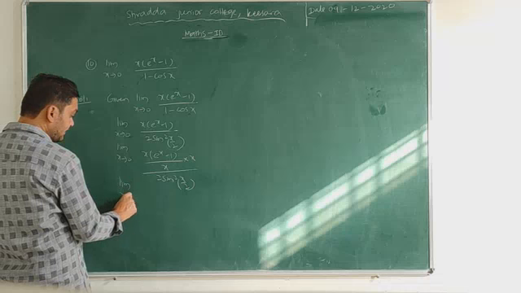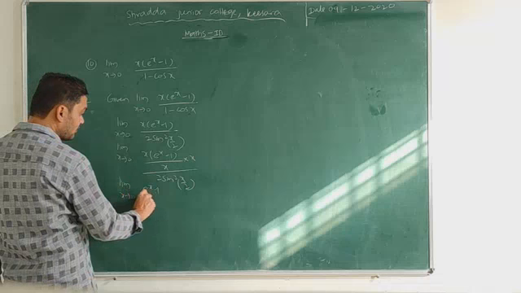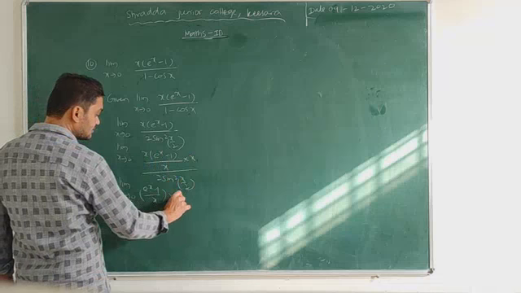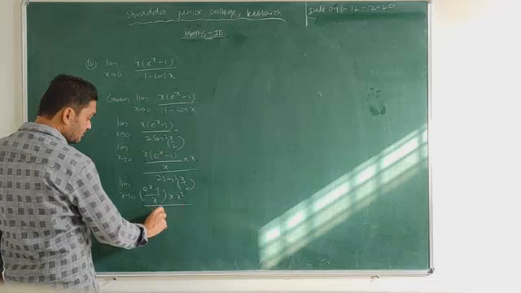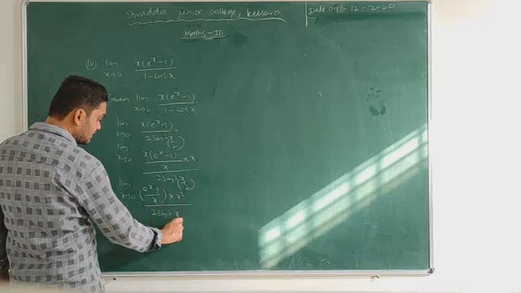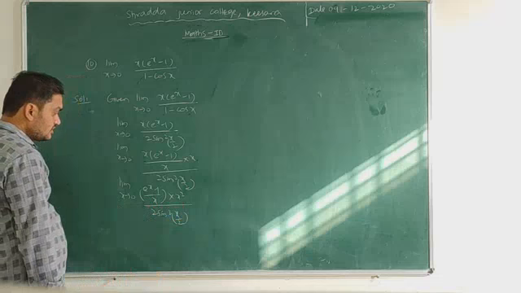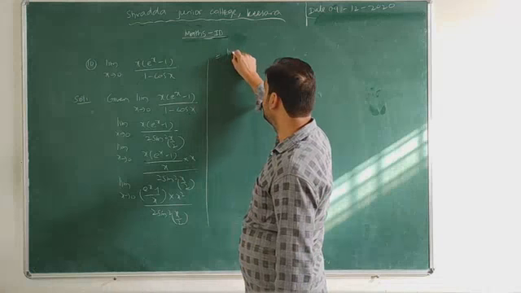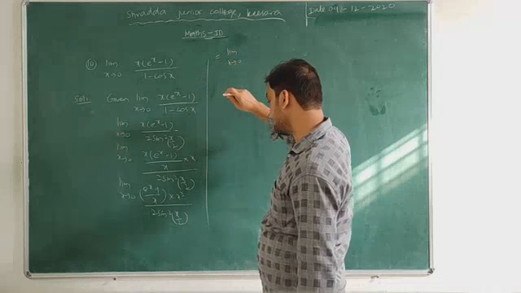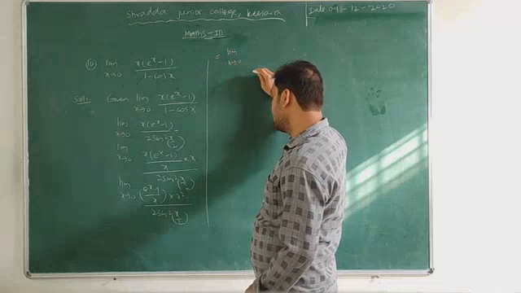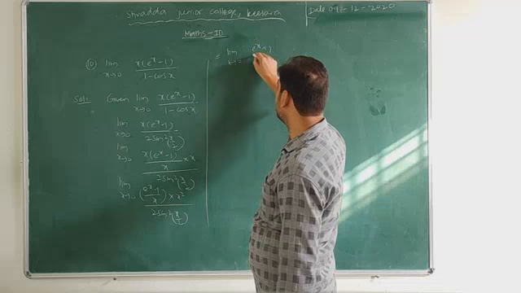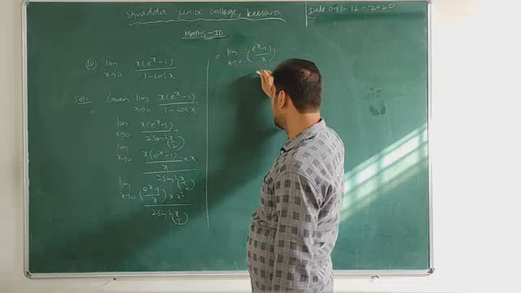Now see here, limit x tends to 0, e power x minus 1 by x into what? x into x, that is x square by 2 sin square x by 2. So this is equal to limit x tends to 0, e power x minus 1 by x.